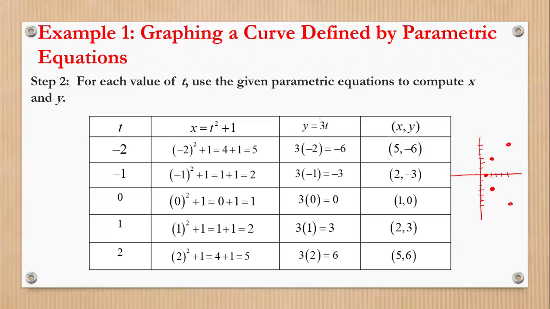And we have to connect them based on the order of the points. Since we started from this point, the direction is this. That's the direction. So for parametric equations, we show the motion, how it moves, and we show the direction.